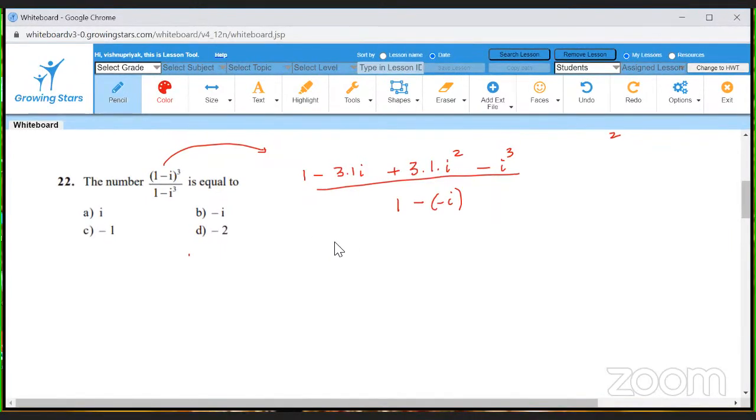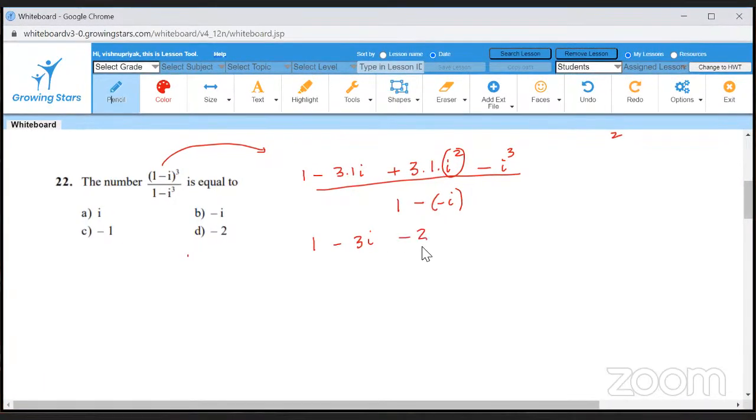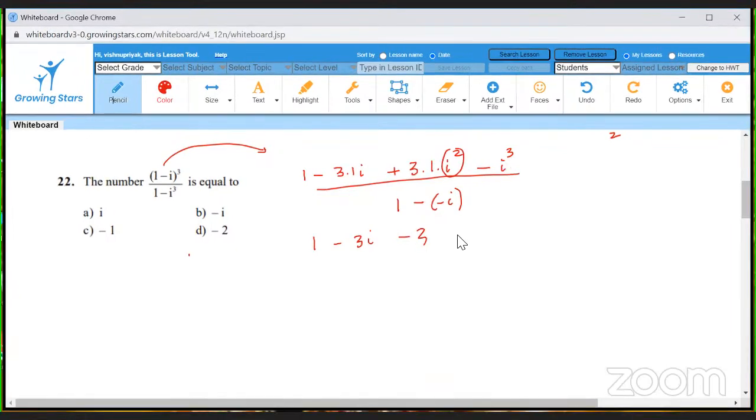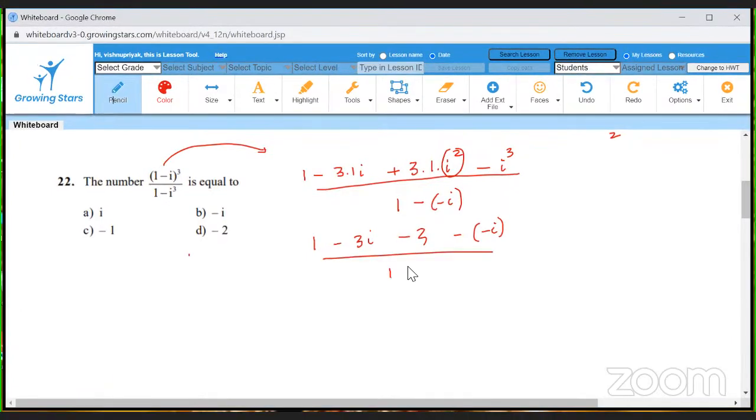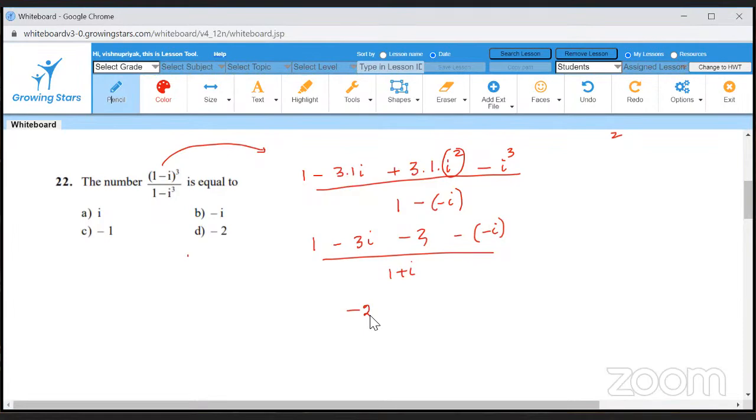So in this I have 1 minus 3i. i square is minus 1, so minus 3. i cube is minus i. I'll write like this. And then 1 plus i. So this will be minus 2 and minus 2i by 1 plus i.